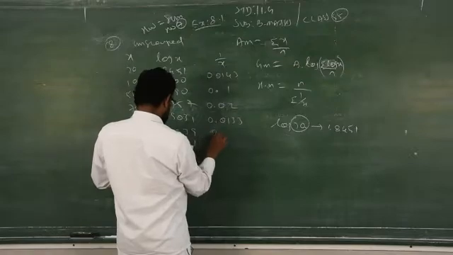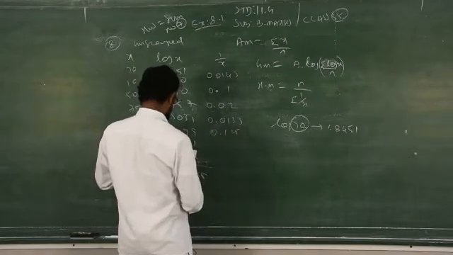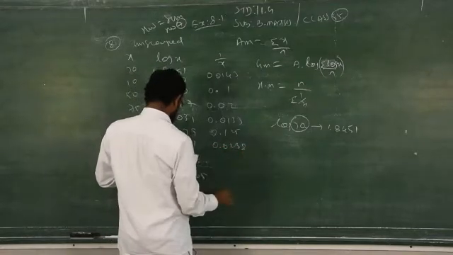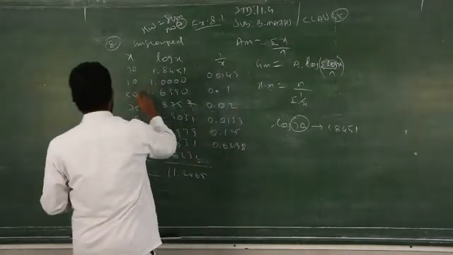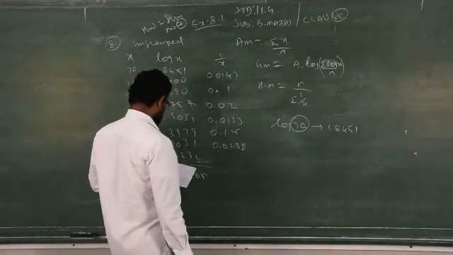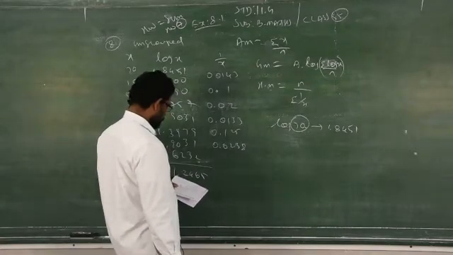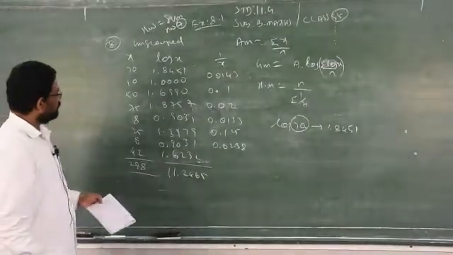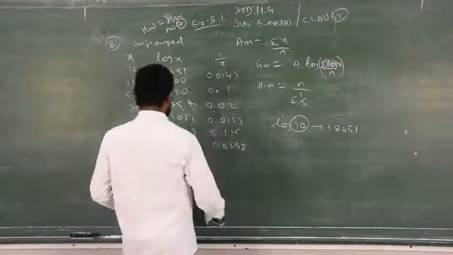Clear? There are 8 data. I wrote only 6, so you have to find out the remaining ones. So use the calculator.